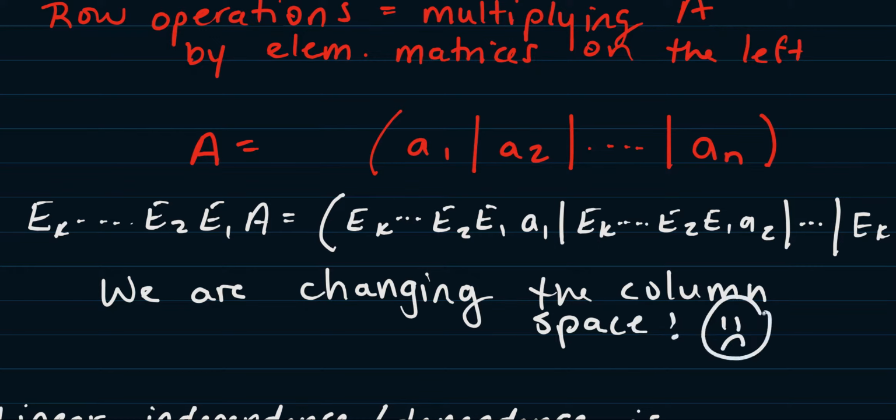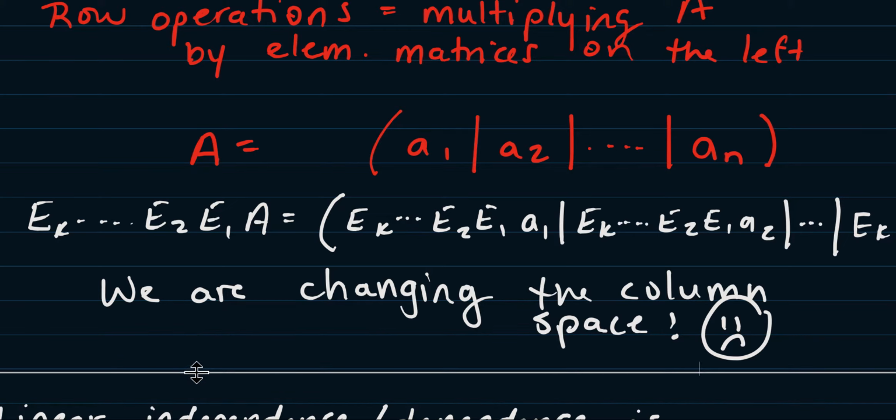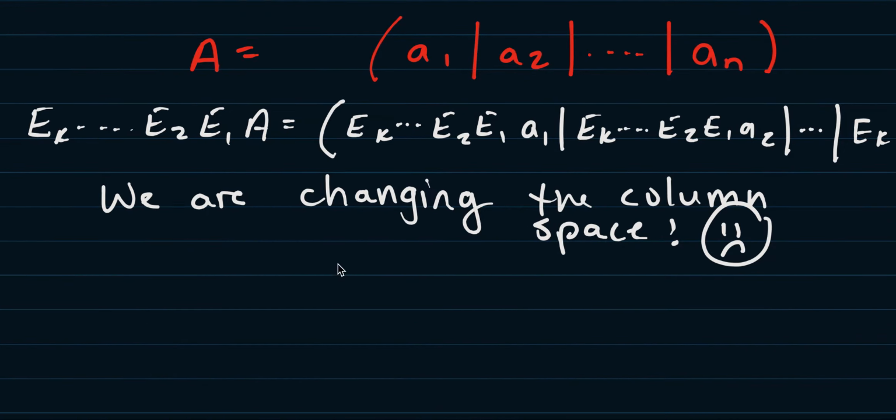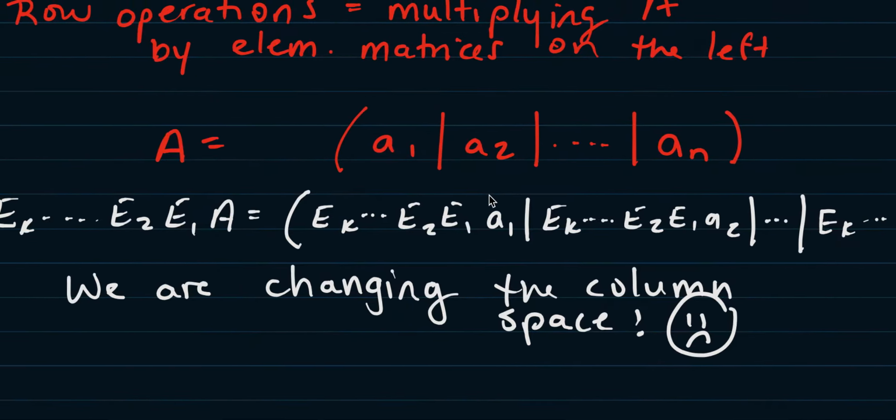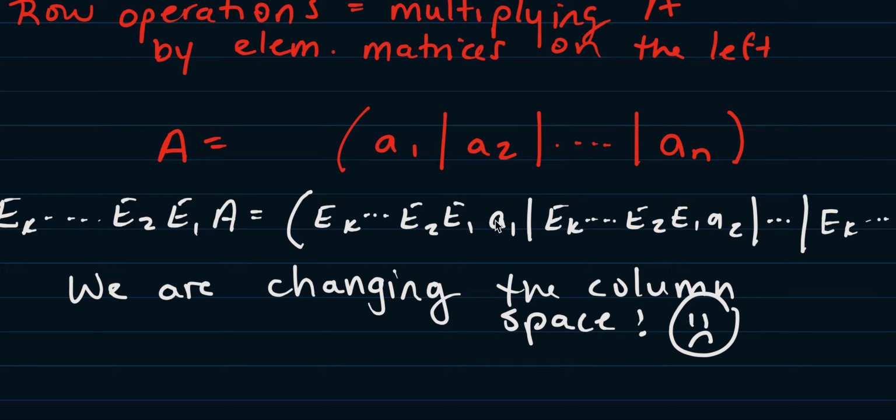So this is a little sad, because if we're changing the column space, if we find the column space of the reduced row echelon form of A, that's not going to be equal to the column space of the original matrix A. However, when we're multiplying by these elementary matrices, all of these elementary matrices are invertible. So what's going to happen is the relationships between the columns is not going to change.